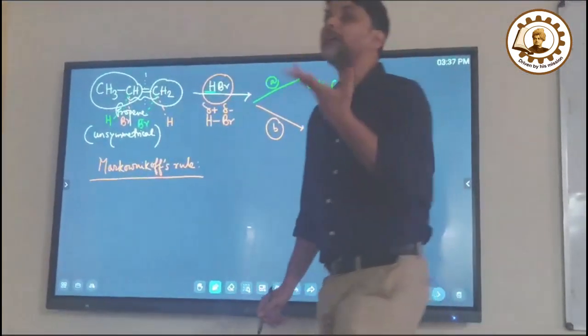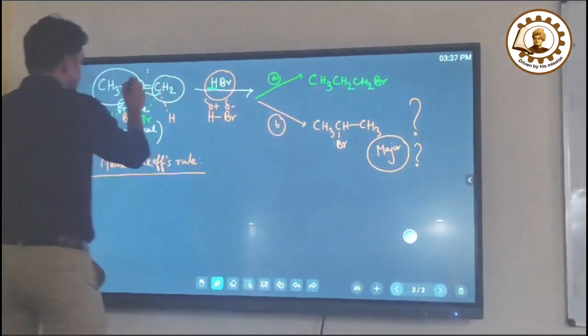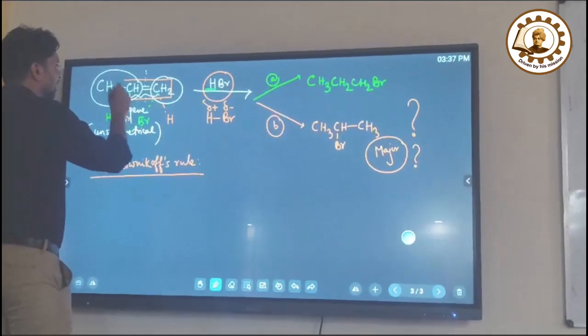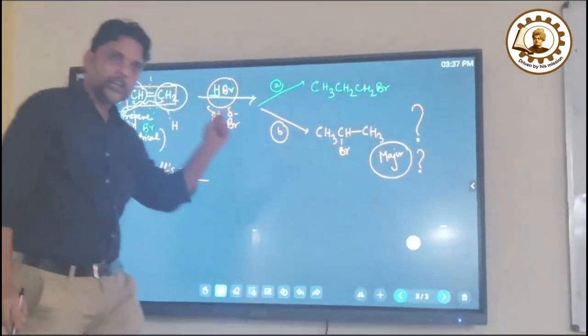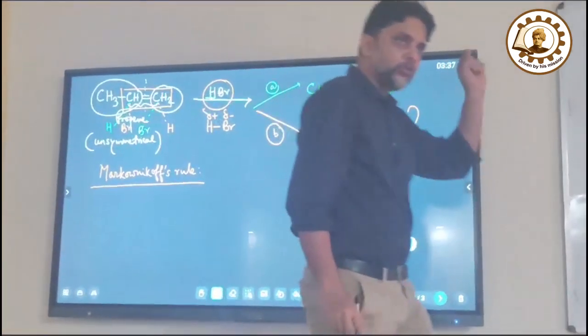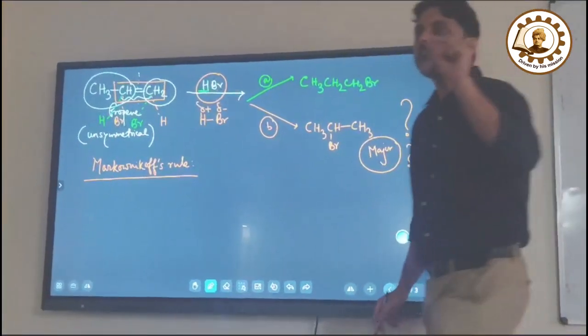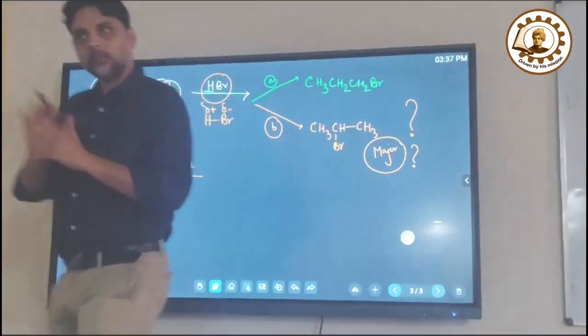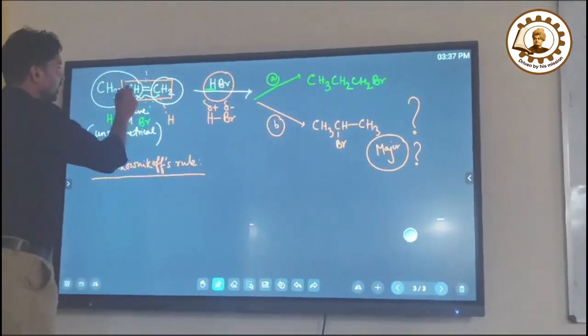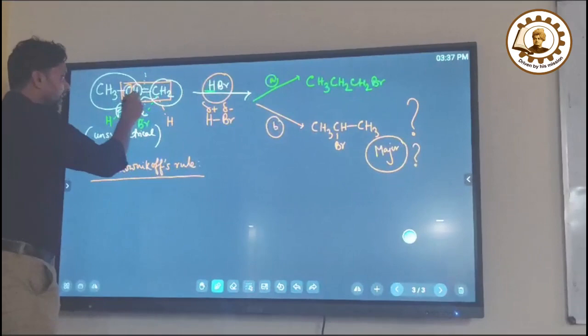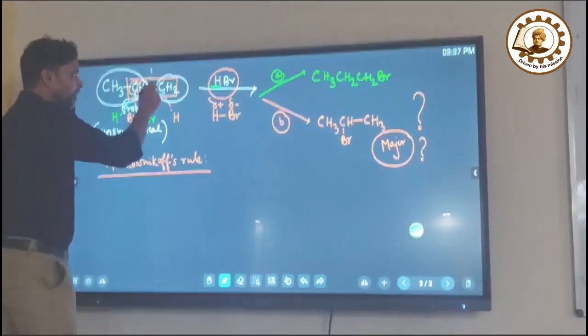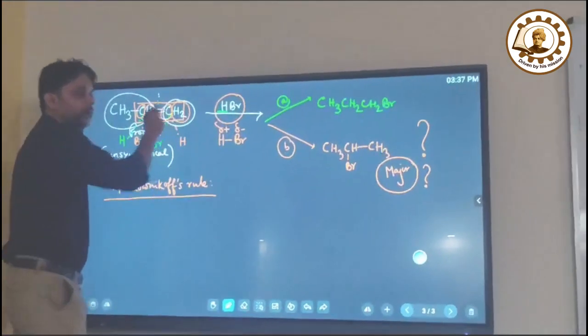So which carbons are we talking about? We are talking about the two carbons between which the double bond is present. We need to focus on those two carbons and find out which one has the lesser number of hydrogens. We can observe on this carbon we have only one hydrogen atom, and on this carbon we have two hydrogen atoms.